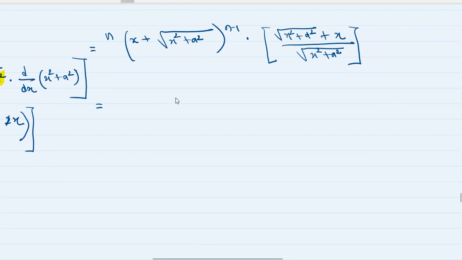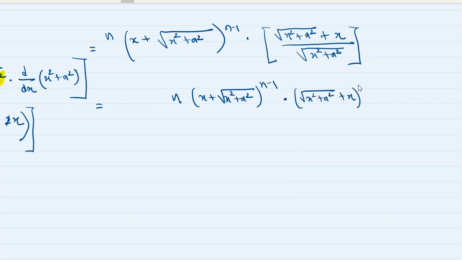Okay, so this will become n multiplied by (x plus under root of x square plus a square) raised to n minus 1 multiplied by (under root of x square plus a square plus x) the whole raised to 1, the whole upon under root of x square plus a square. Okay, now just be very careful over here.